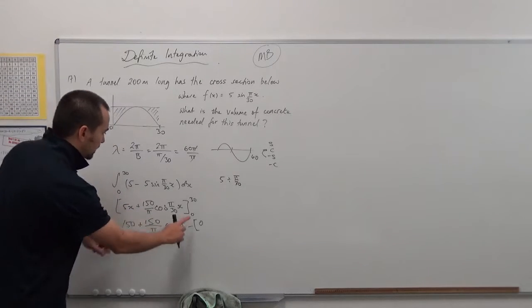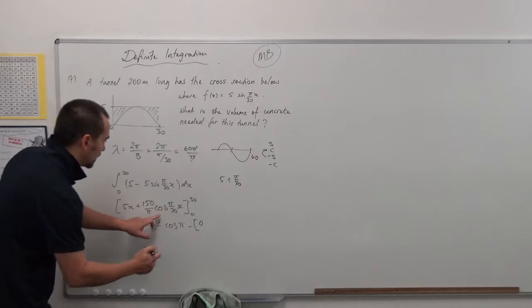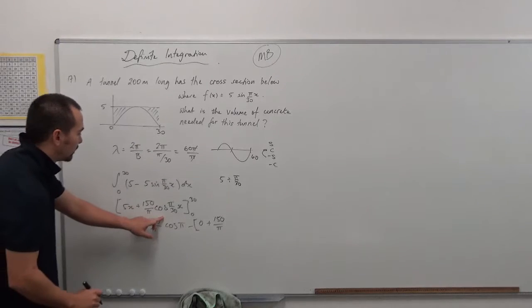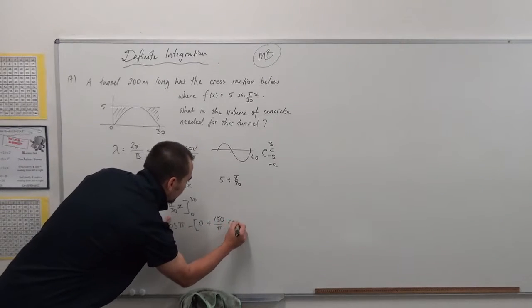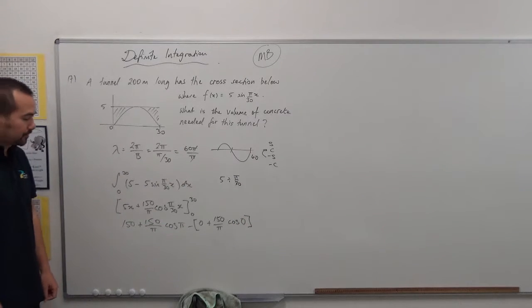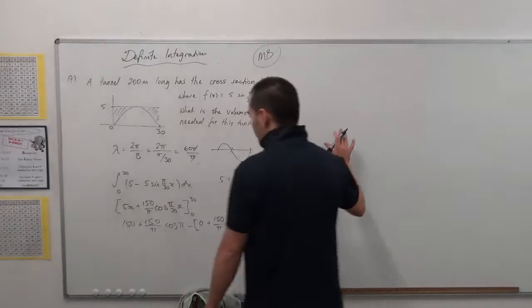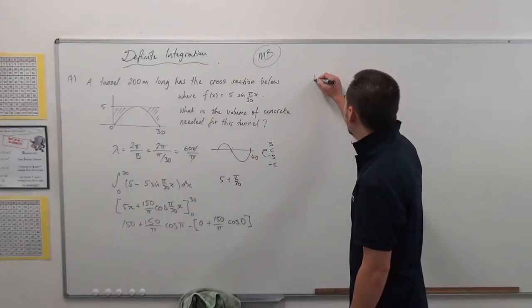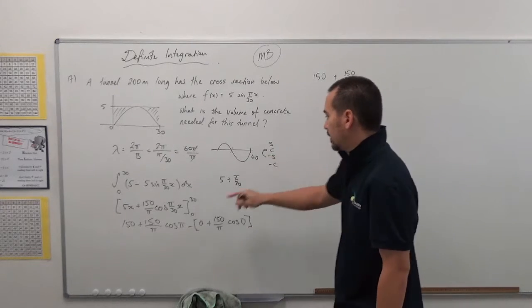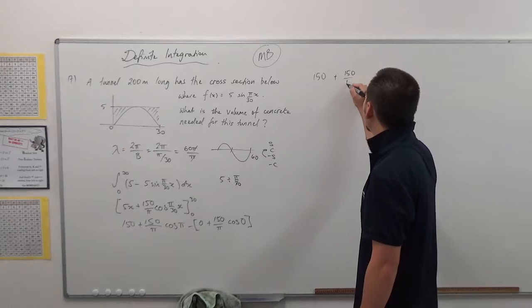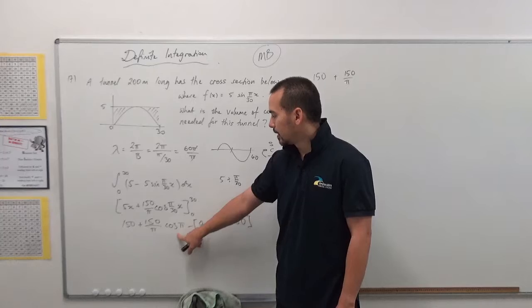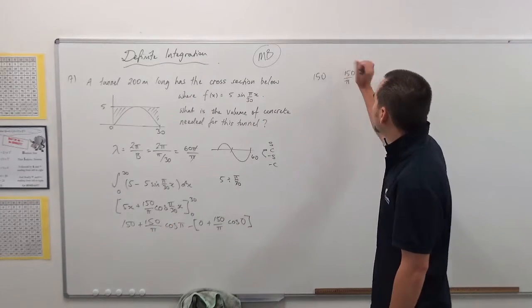So, let's plug 0 in for cosine, and we get 150 over pi cosine 0.